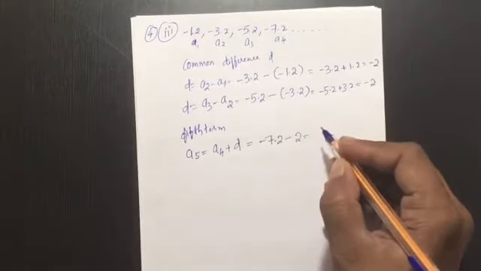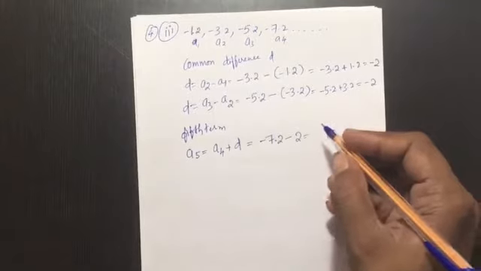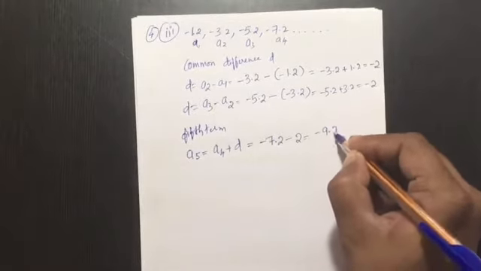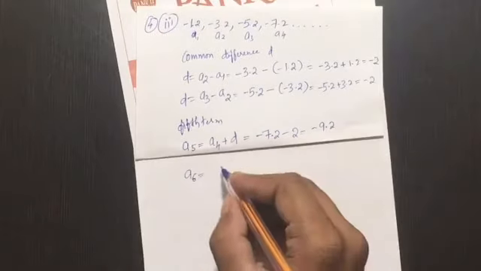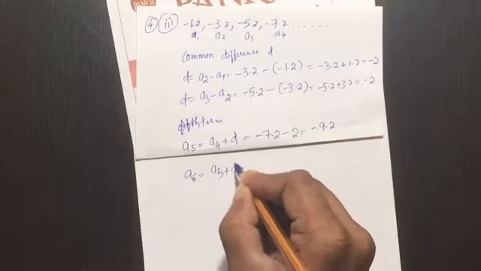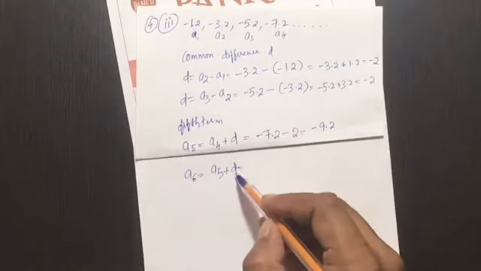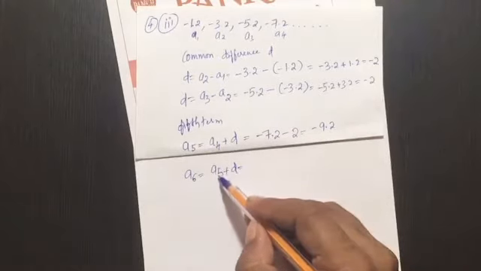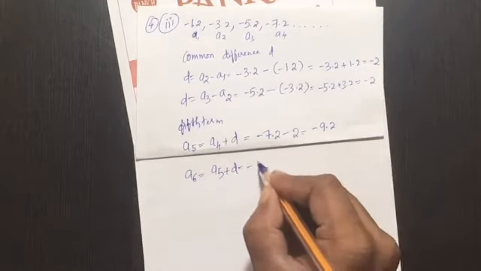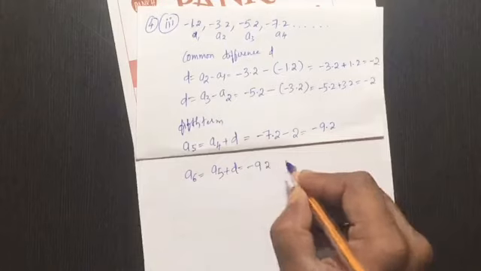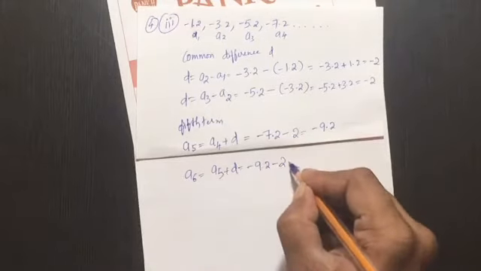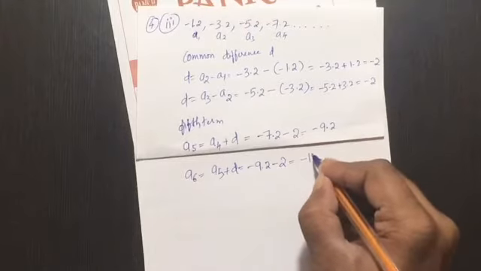So your answer becomes minus 9.2. A6 is equal to A5 plus D, D is the common difference. A5 is minus 9.2 plus D is minus 2, which is equal to minus 11.2.